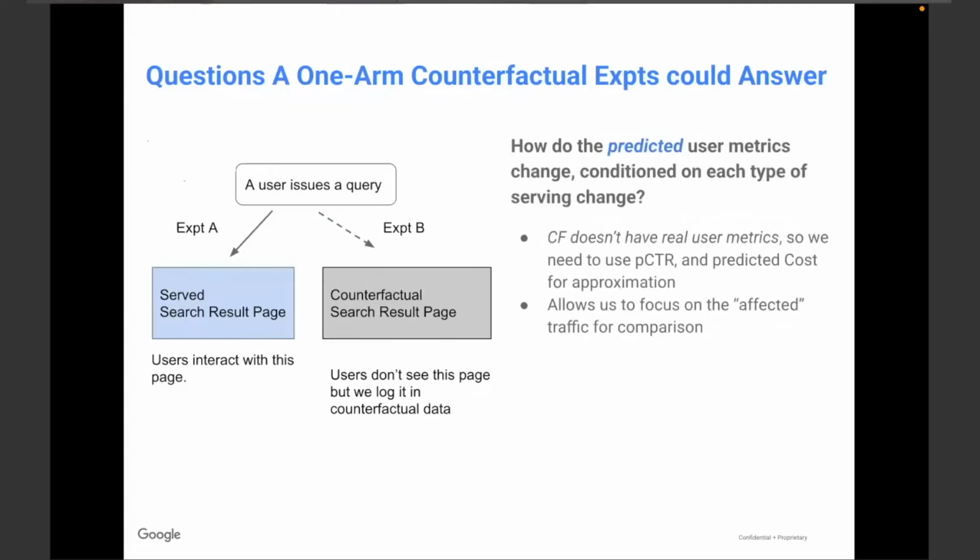One of the things I want to call out is that in this part, the experiment B, the dotted line represents that we are only going to log what Google is going to show the user. But the user actually only sees experiment A. The user does not see the experiment B setting. Which means, in the logging, I wouldn't have how the user really interacts with the experiment B setting. So we have to heavily rely on the predicted user metrics.